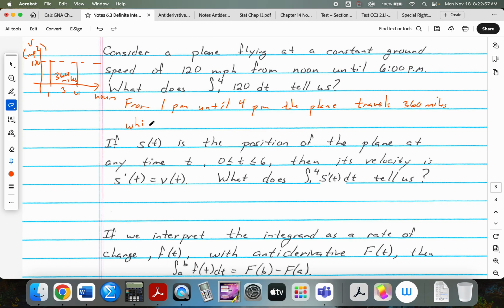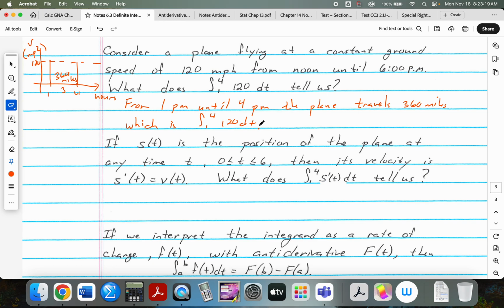Which is the integral from 1 to 4 of 120 dt. It's telling us the change in position. Okay, or if you wanted to use the physics term for it, the displacement.